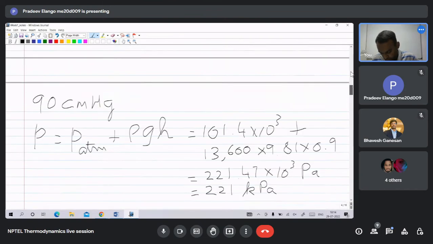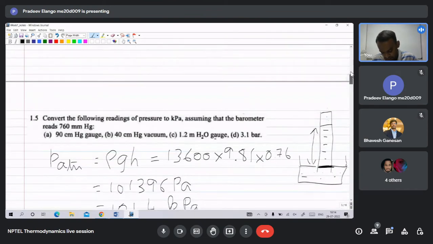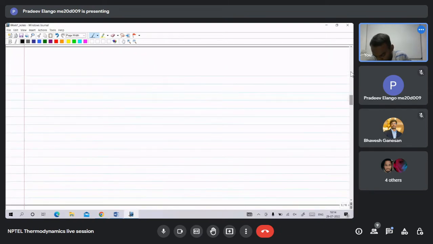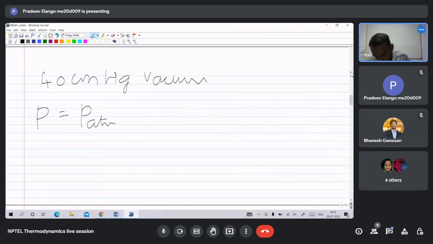Next we have 40 centimeters mercury vacuum. So for this we have total pressure P. Total pressure P is given by P atmospheric minus the vacuum pressure. Now again it is given by rho gh.